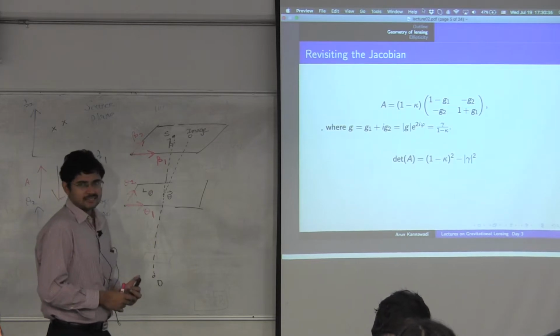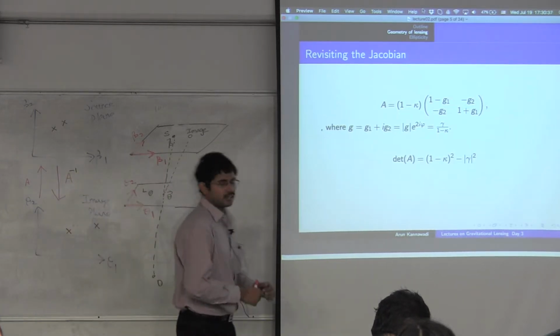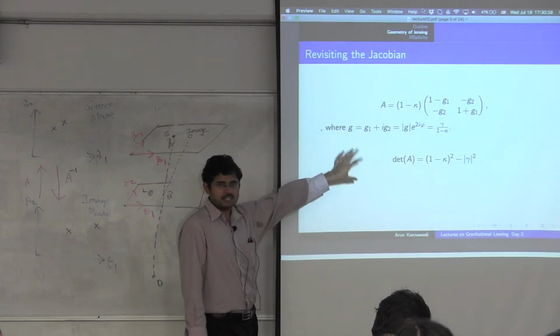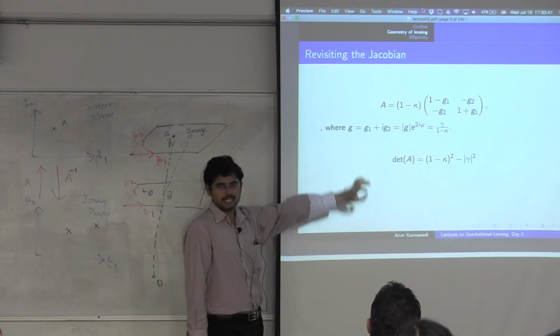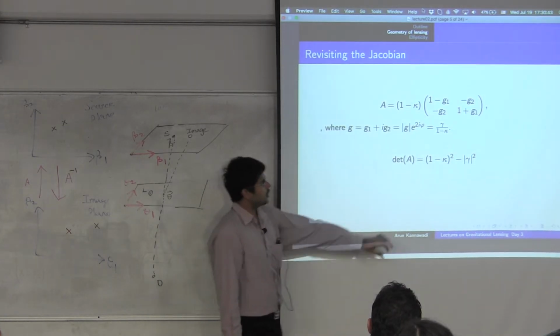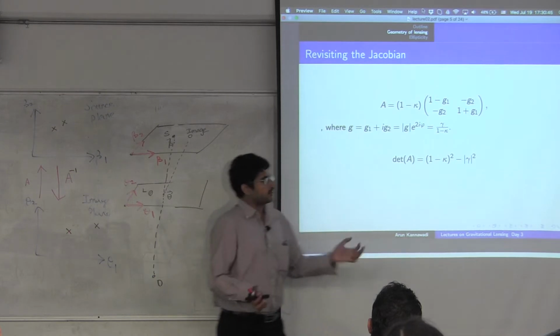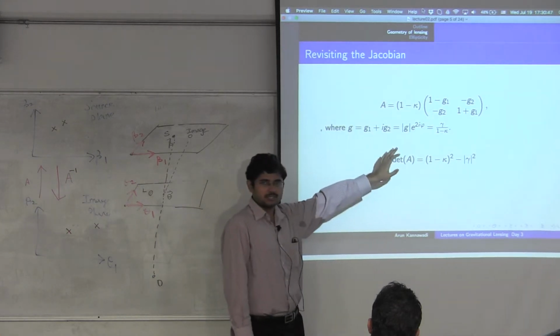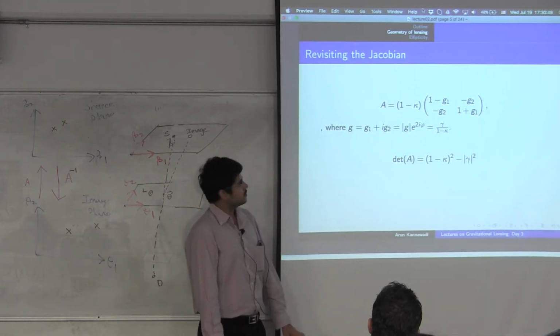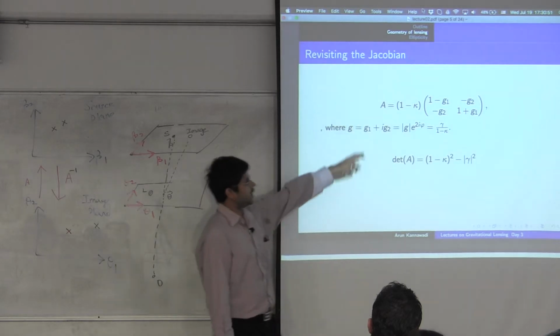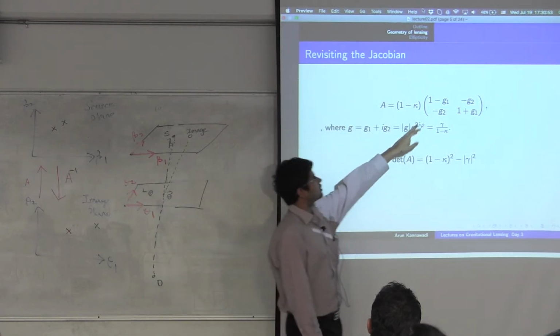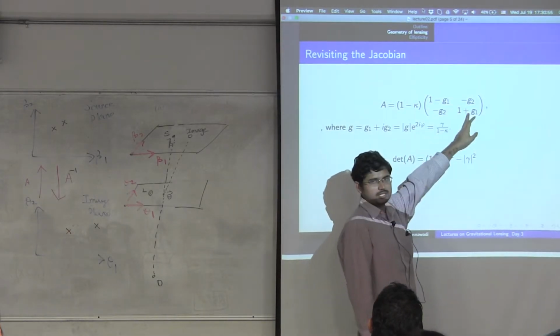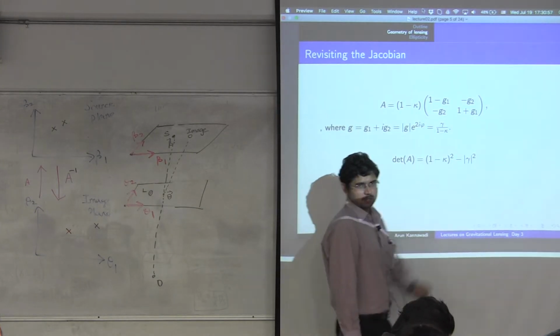The easiest way to see this is that the matrix can change with rotation, but the eigenvalues will not. So let me rotate this matrix so that G2 is 0. Then you can just read off the eigenvalues, which would be the diagonal ones, 1 minus G1 and 1 plus G1.